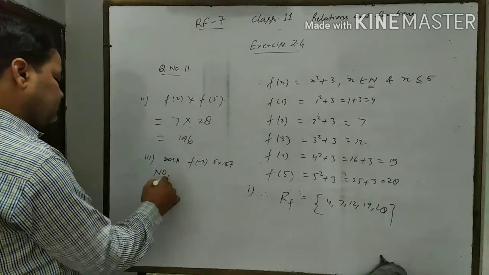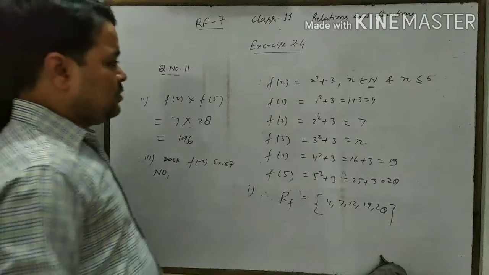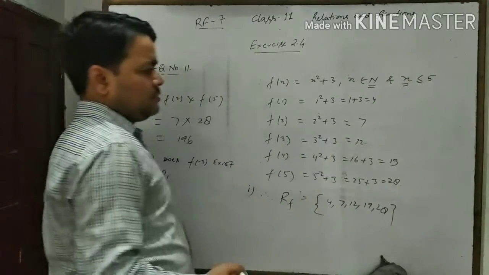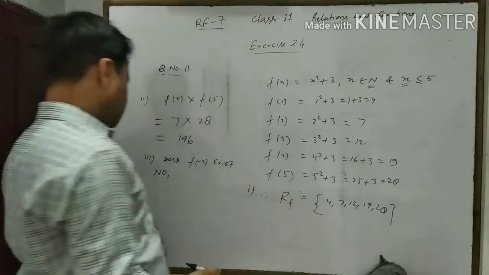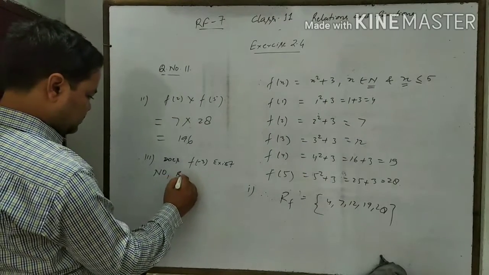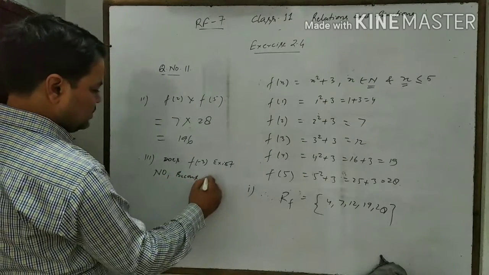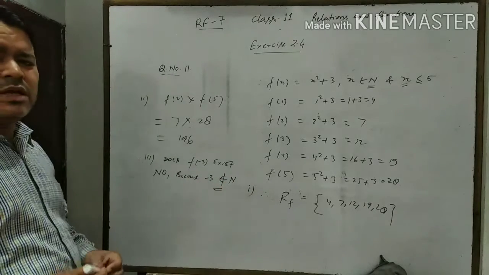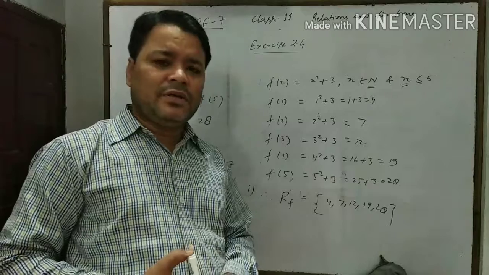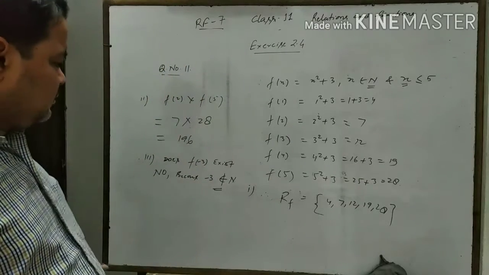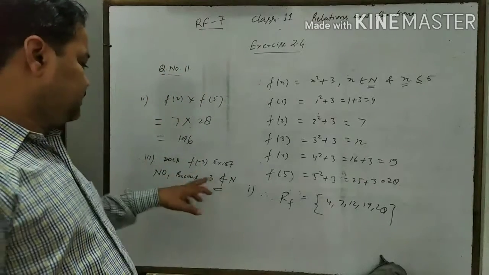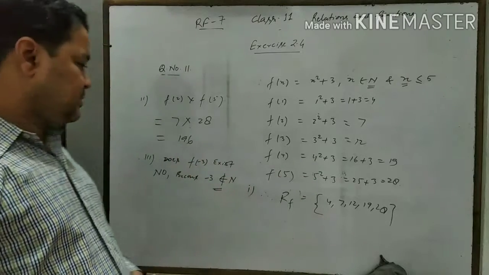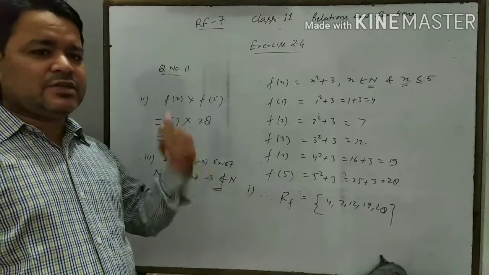No, it does not exist, because the element of domain is a natural number, and minus 3 is not an element of natural numbers. Therefore, f of minus 3 does not exist. F of 3 exists because 3 is a natural number.